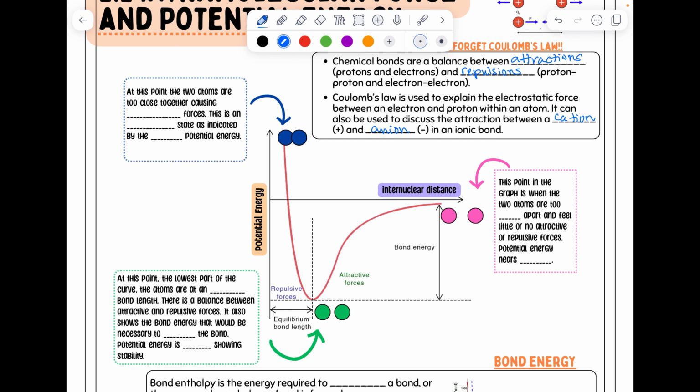So let's look at this point of the graph where the two atoms are up here. We have a really close distance between the atoms and the potential energy is really high. So at this point, the two atoms are too close together, causing repulsive forces.